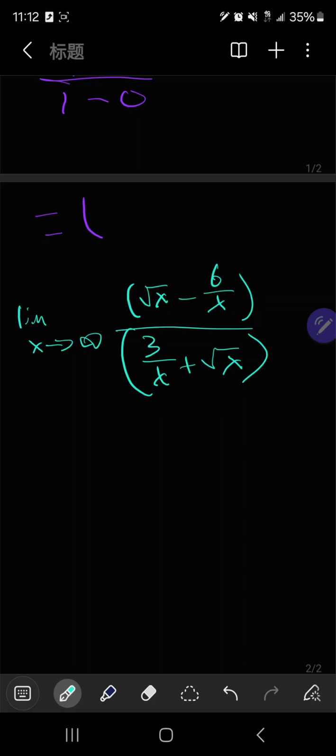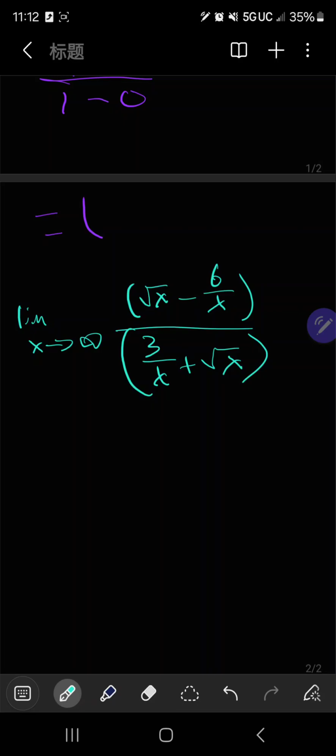I'm just putting parentheses; usually with bigger problems, I like to do that. The limit is approaching infinity and it applies to both, but we see that one part is approaching 0, which means the denominator is approaching infinity.